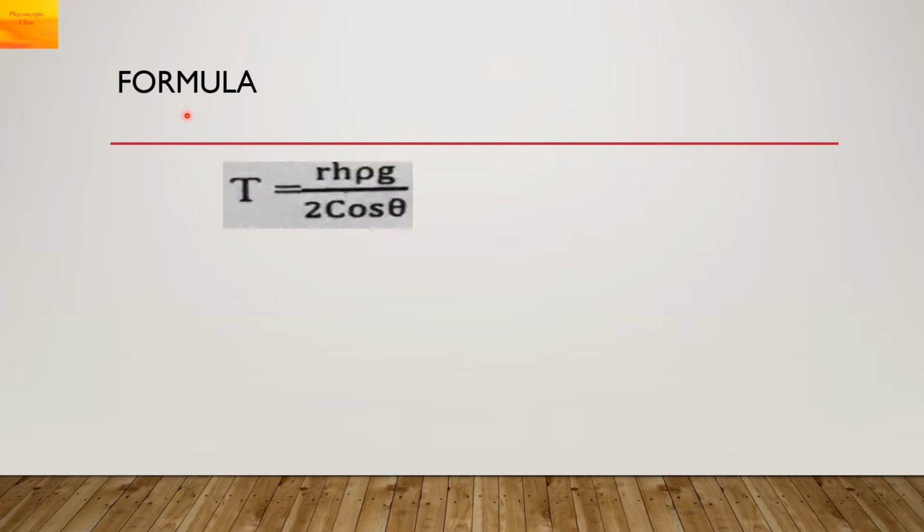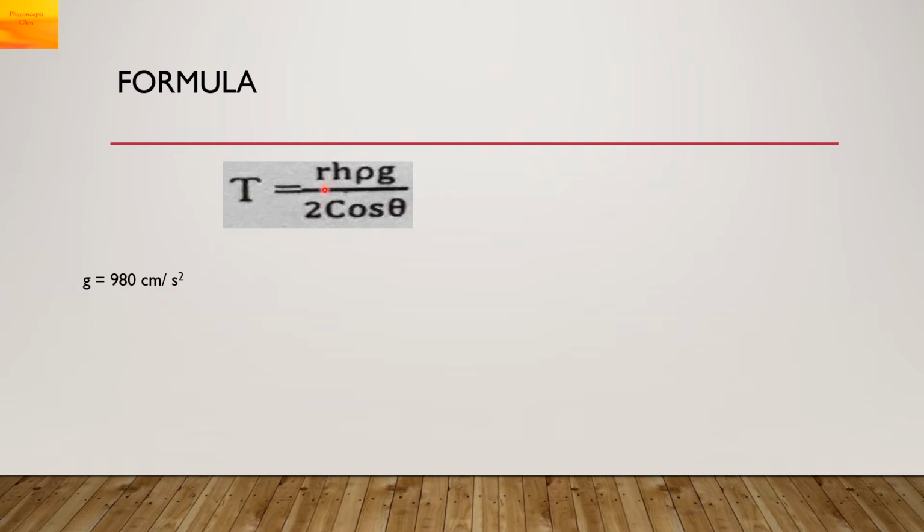Formula: T is equal to rhogR upon 2 cos theta, where g is the acceleration due to gravity. g is equal to 980 centimeters per second square.